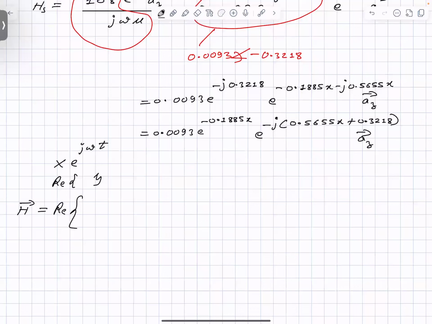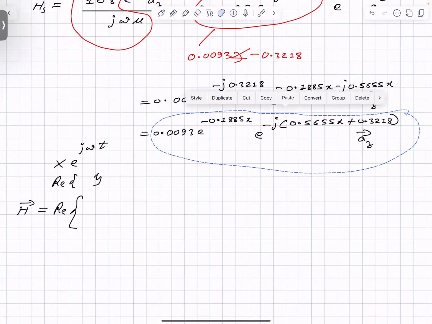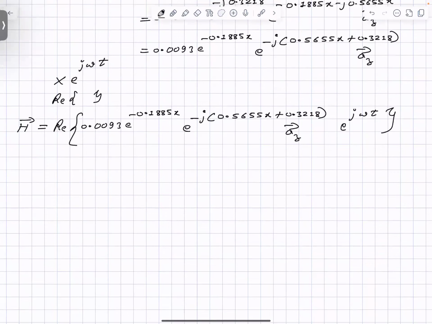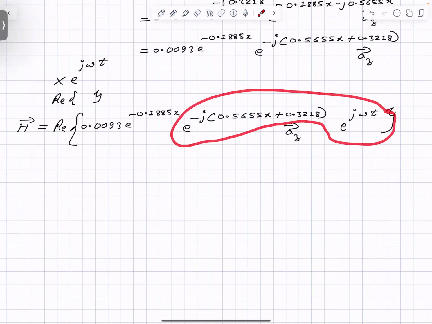So we take all this, multiply by e to the j omega t. Since we multiplied by e to the j omega t, another complex exponential here, we should combine this with the other complex exponential we have. So put them together again.